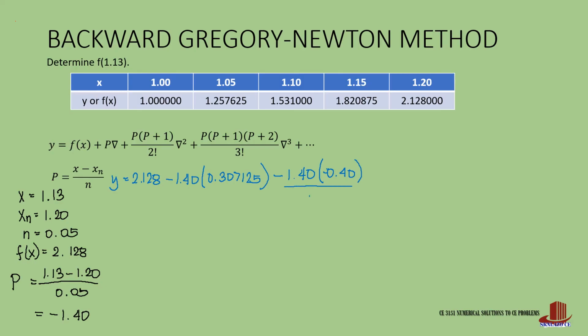This would be divided by 2 factorial, or 2 times 1, and nabla squared, which is 0.01725.